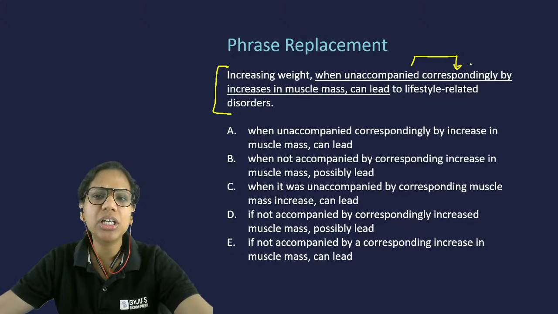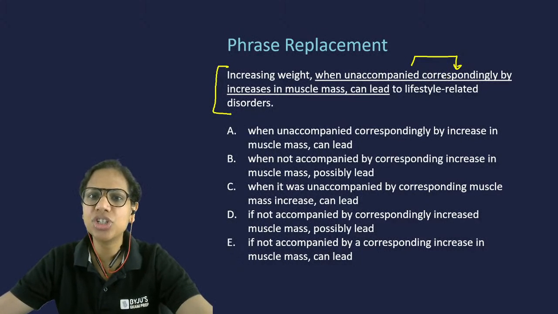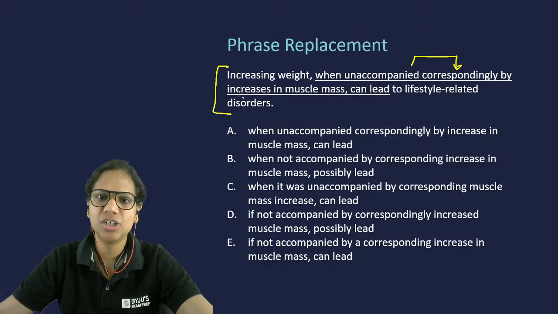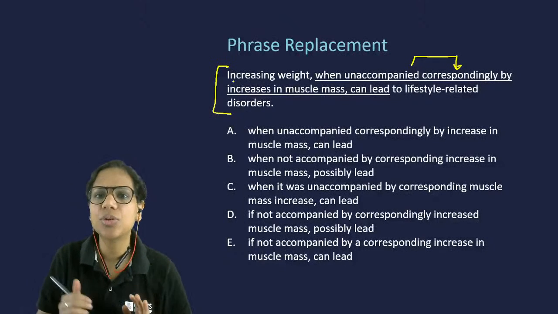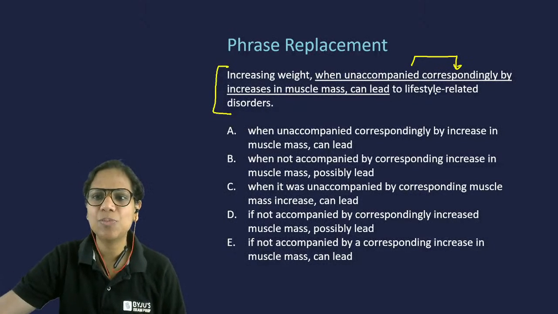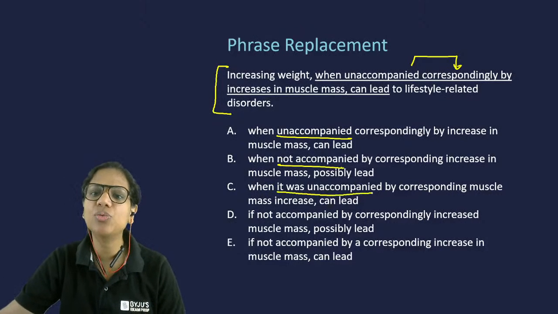Corresponding means proportionate, right? So proportionate should modify increase, it should describe increase, so one accompanied by a proportionate increase, that's what I want to say. So this seems off here. This says "not accompanied," whereas this is "unaccompanied." So this is something that I noticed. When it was unaccompanied, it's adding this here.